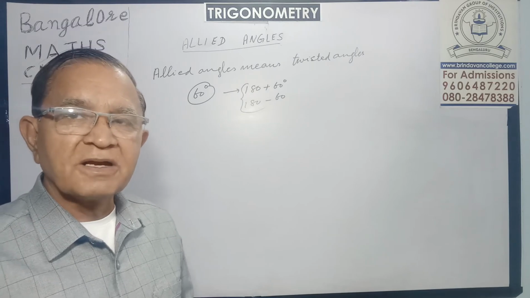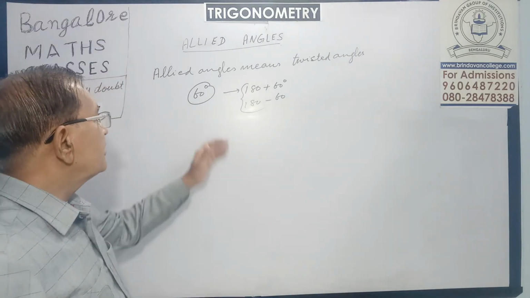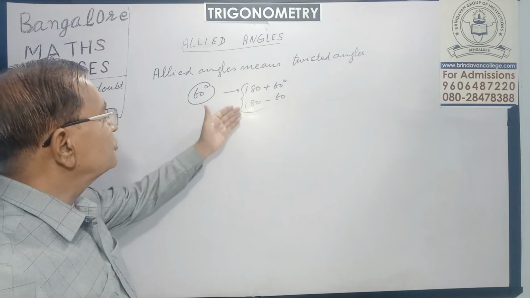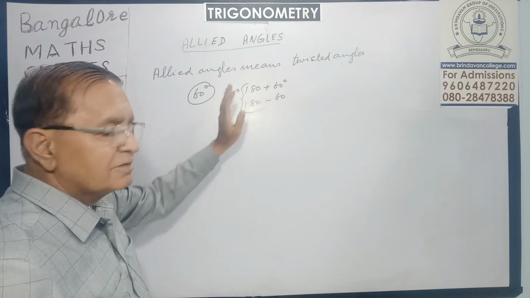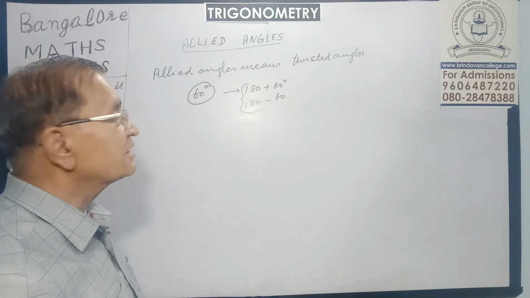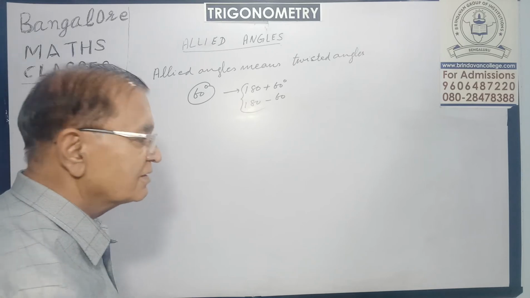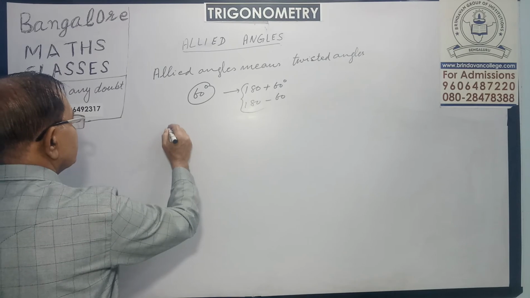Do not go in depth right now. Learn a little bit, then we will see. I want to change the given angle to 180 plus or minus, like that. So we call it twisted, we call it allied angles. Now see how many allied angles are possible.